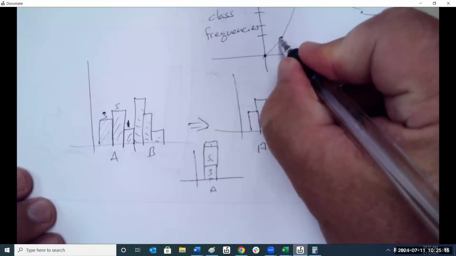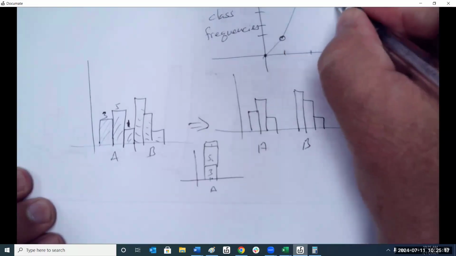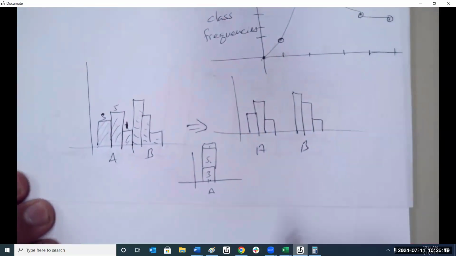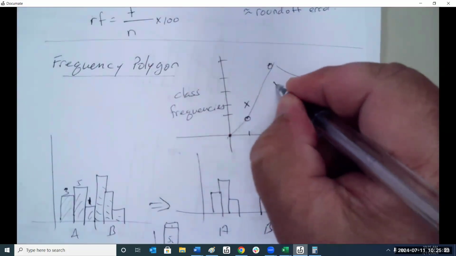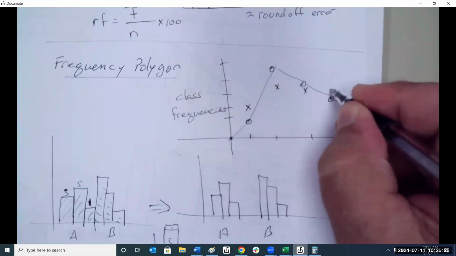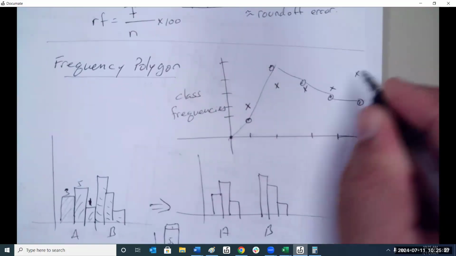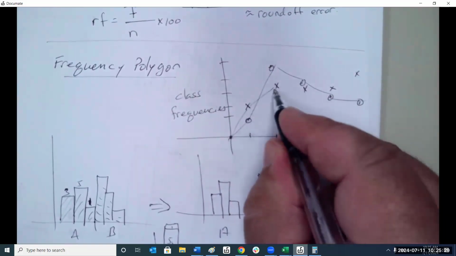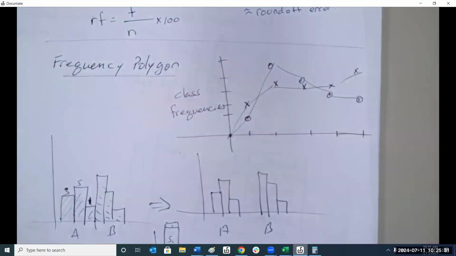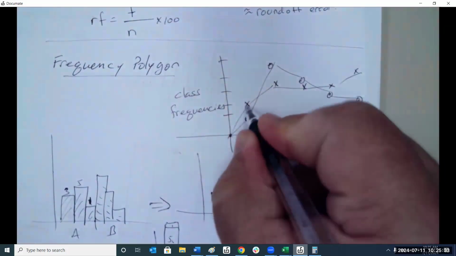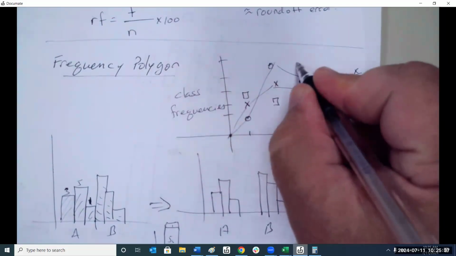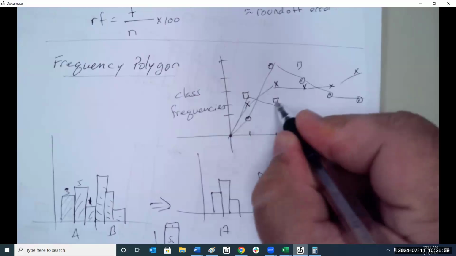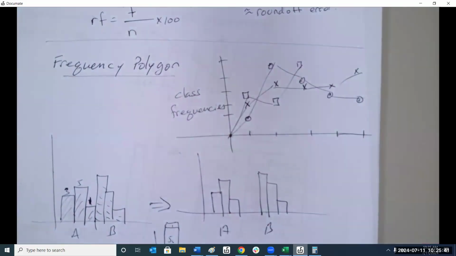On one data set, we'll make all the points with circles. The next one, we make them with X's. So we would connect the X's. Then the next one, we'd have boxes. So that way you can follow along with different ones.